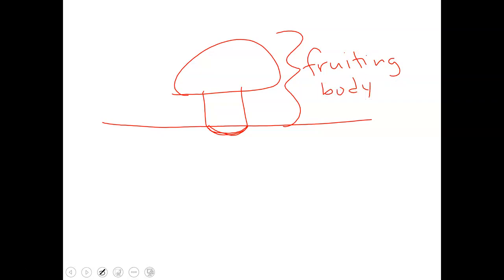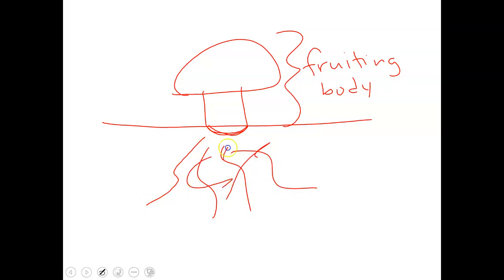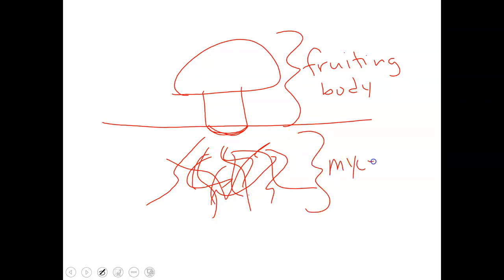Right? But if you were to dig underground, you would see this network of fibers. Right? They're not roots. They look like spider webs. And that's called the mycelium. And this is the body of the fungus.